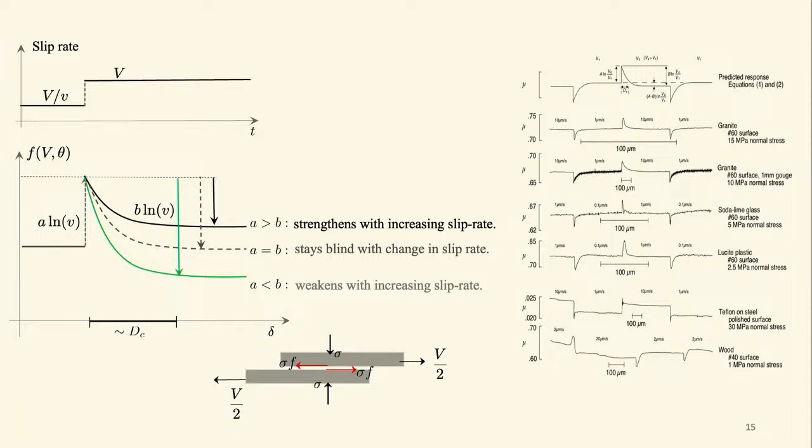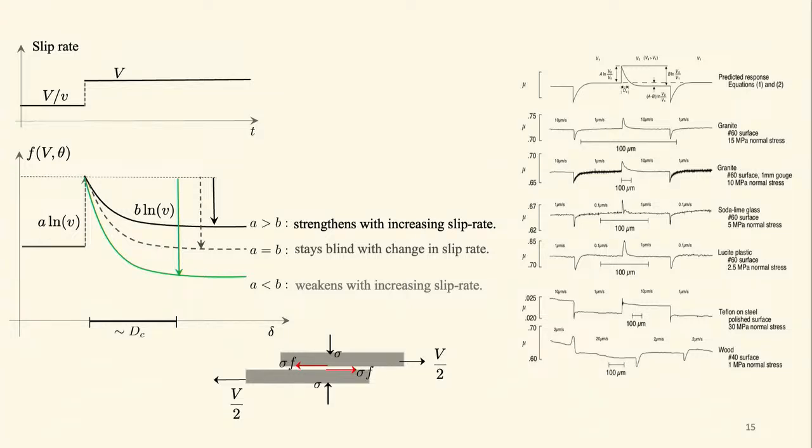Going into the details, if the direct effect is subdominant compared to the eventual weakening, these scenarios are referred to as rate weakening regions, and they are the ones responsible for rapid sliding. If the interface has this property, they are the ones that provoke earthquakes. The strengthening regions are where stable sliding happens, but the story is more complicated than this.